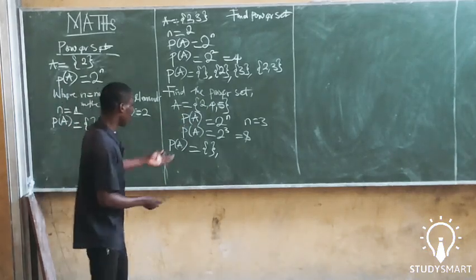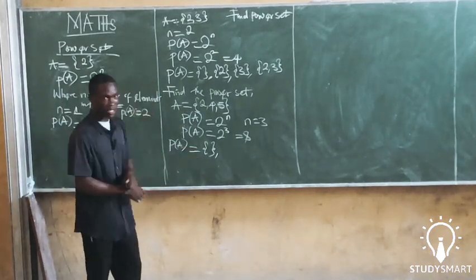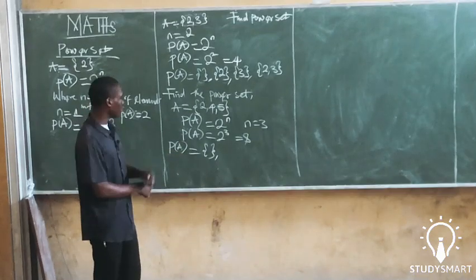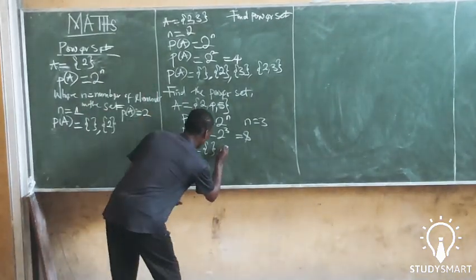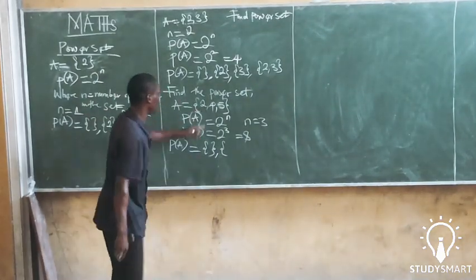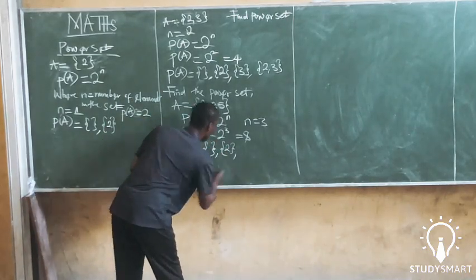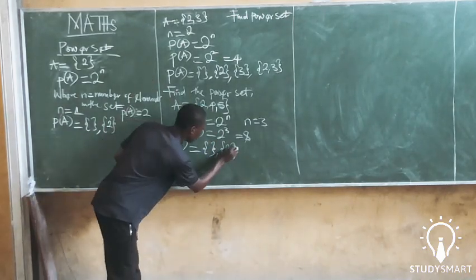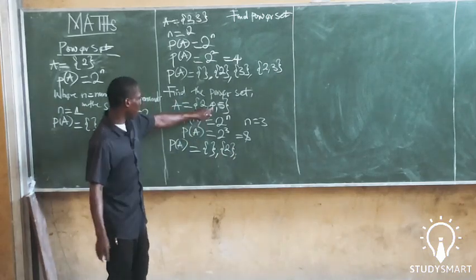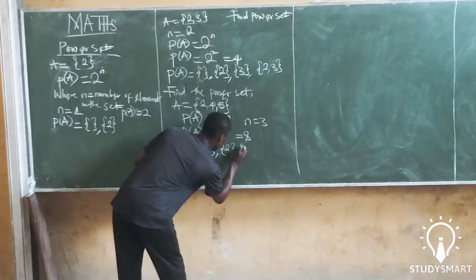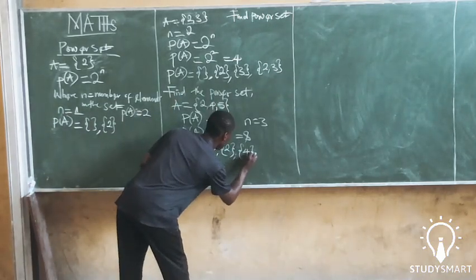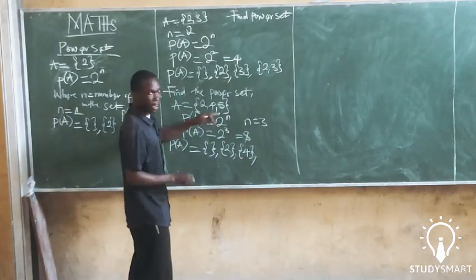So now let's start. We have an empty set. And then we're going to take them individually. We're going to start from 2, and then 4, and then 5.